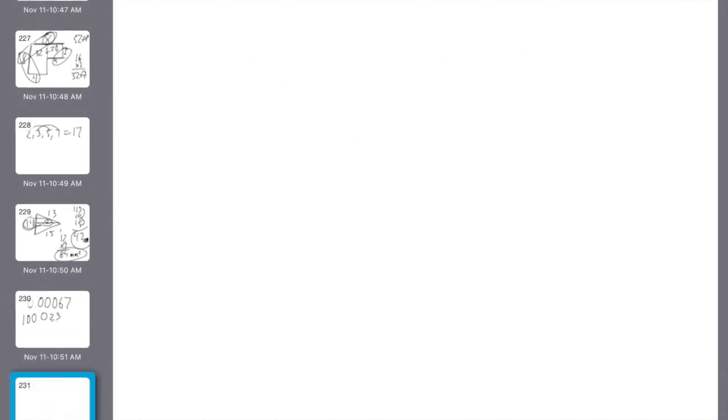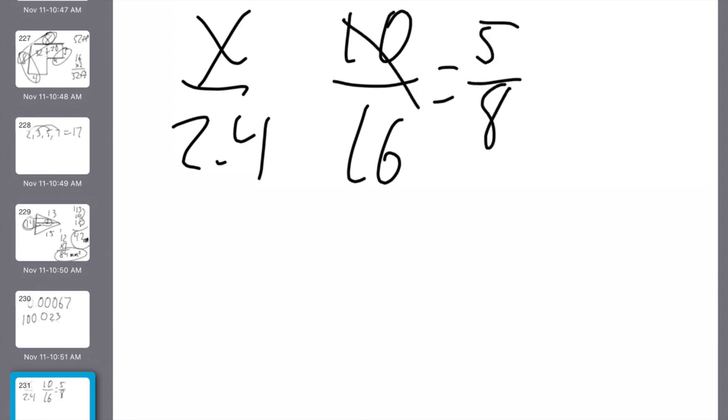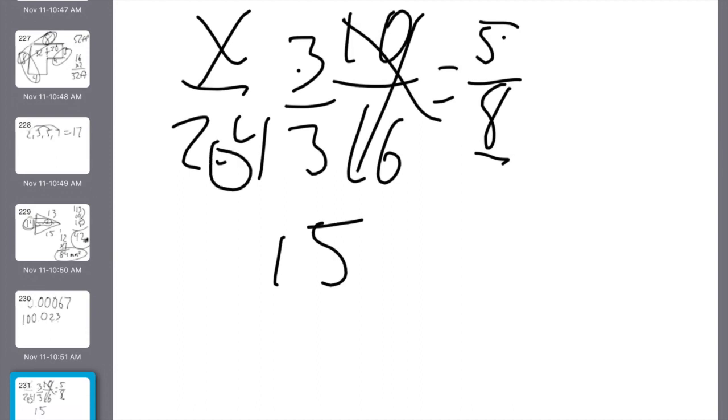Okay, flipping your answer key over. Number 17. I have x over 2.4 equals 10 over 16. I want to reduce this, guys, to 5/8. Then I can say 8 times 3 gave me 24. So 5 times 3 is 15, but it's not 15.